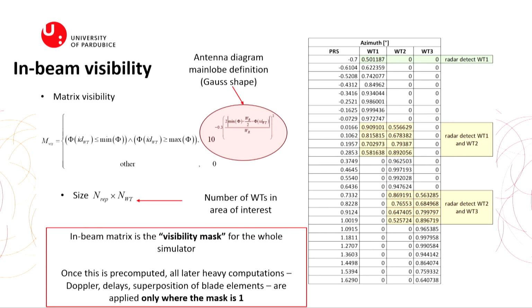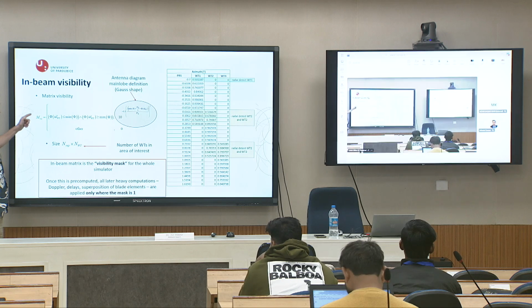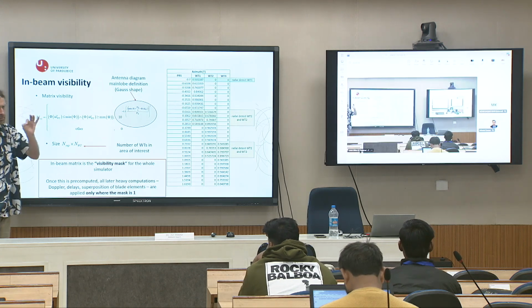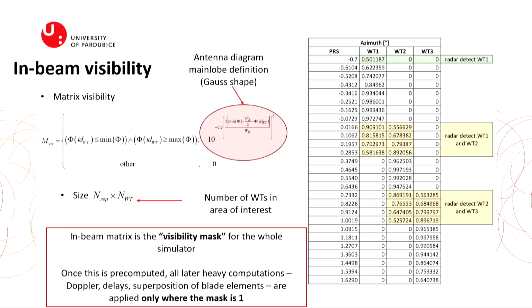So, this is the matrix of visibility, in-beam visibility. Because for visibility, I call it blind area and maximum area, and this is in-beam. It is a little confusing, it is two visibilities. So, it is again a mathematical condition, and what is this?